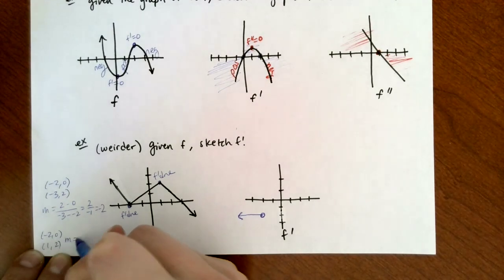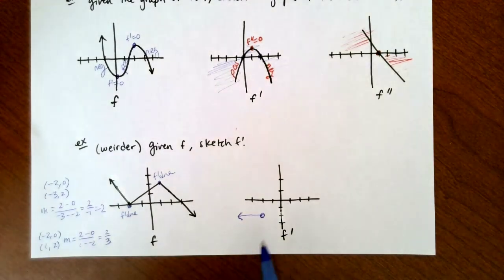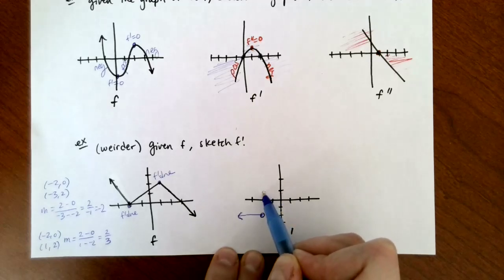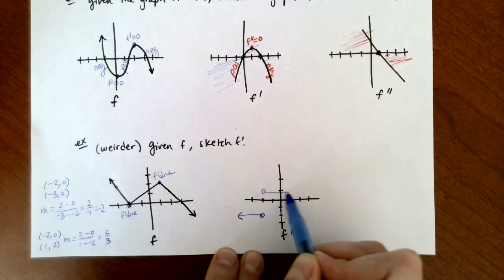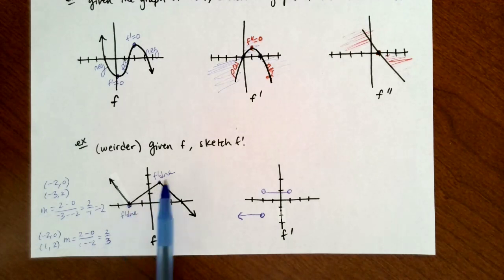The slope between those two is 2 over 3. So I'm going to come up here and say, all right, 2/3 is right about here. And I'm going to go from -2 to 1 with open dots at those jump points because the derivative graph just straight up does not exist there.